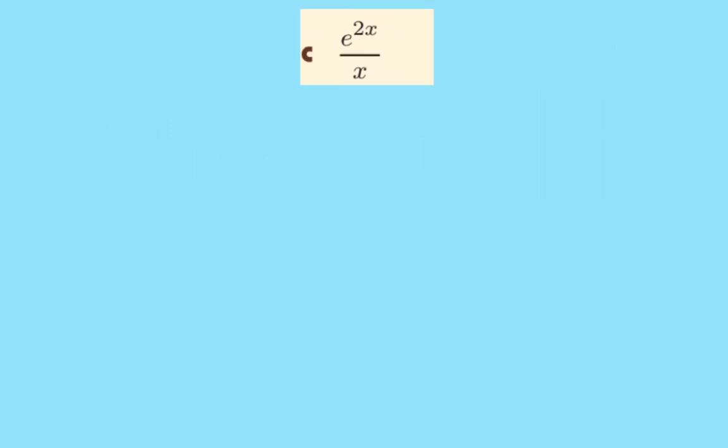Okay, we have e to the 2x all over x, which means I need my quotient rule because I've got a fraction. u on the top, v on the bottom. Quotient rule. So dy dx equals vu dash minus uv dash all over v squared.